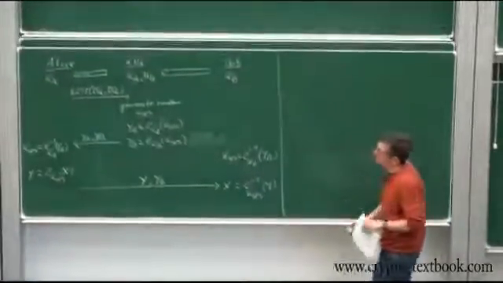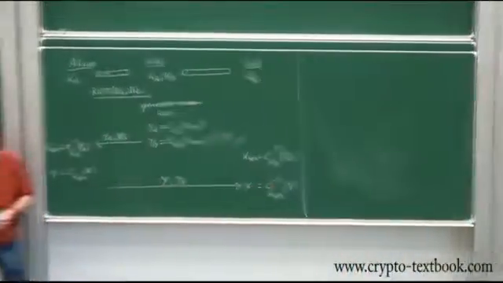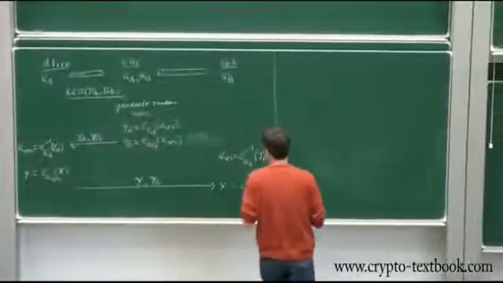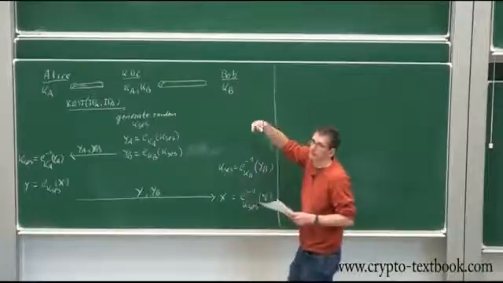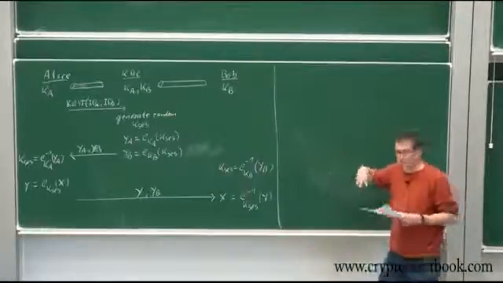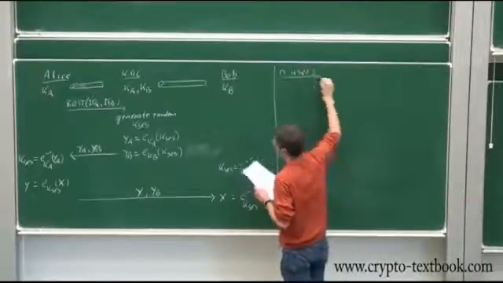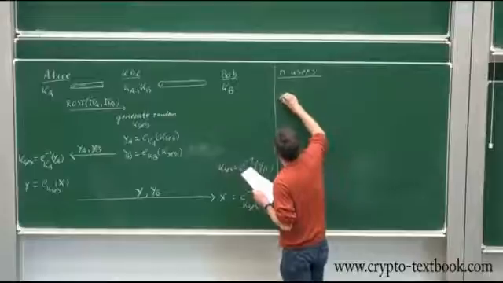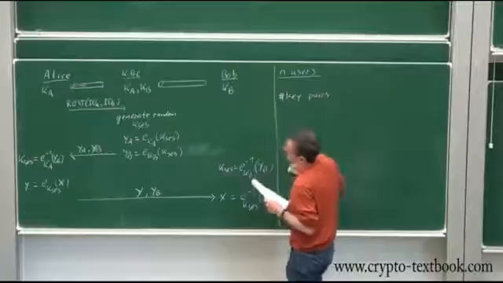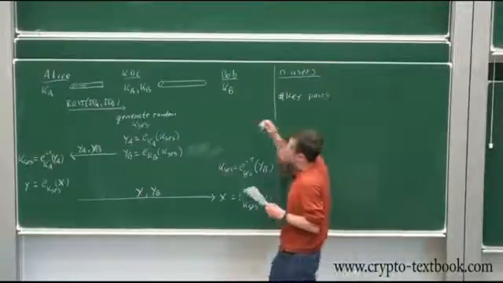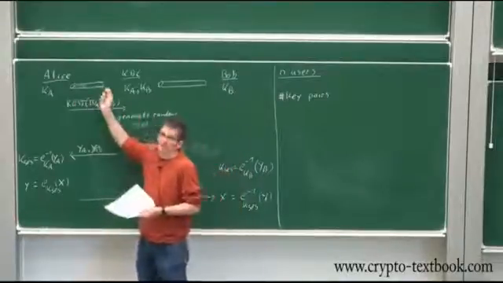So let's look at the number of keys, which we thought is an undesirable feature in this case. If we look at the situation where we not only have Alice and Bob, but many users, if we have n users, the general case, the number of key pairs, that means of static keys, is exactly 1 per user, right?